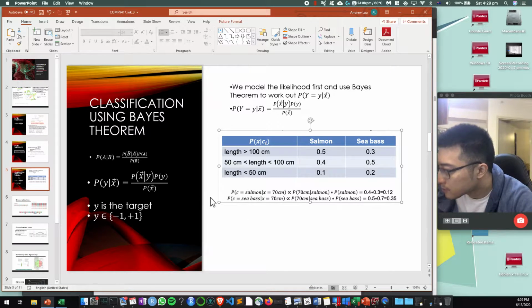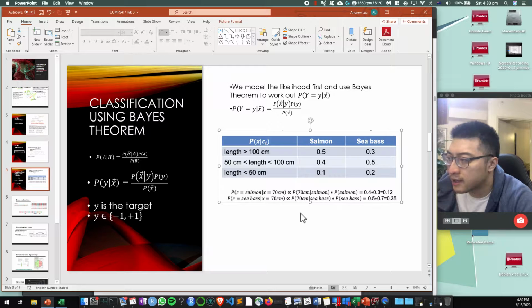Now, this is x given y times probability of y, and the same down there.